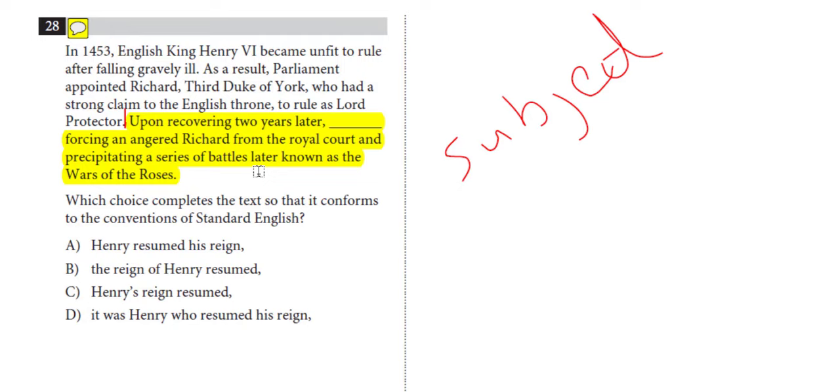So who recovered 2 years later? This is the introductory phrase, and the subject that it modifies must come immediately after the comma here. Is it Henry? For sure. So answer choice A is Henry resumed his reign. The first noun here is Henry. So I can say that A is correct.